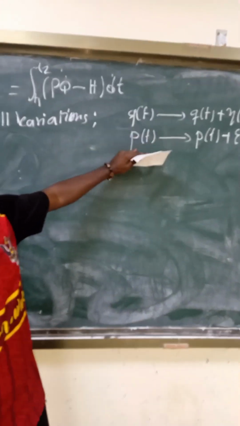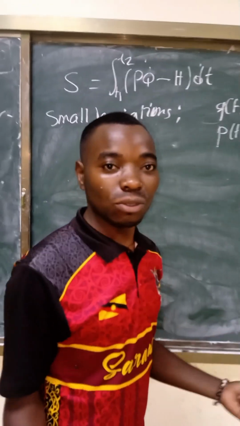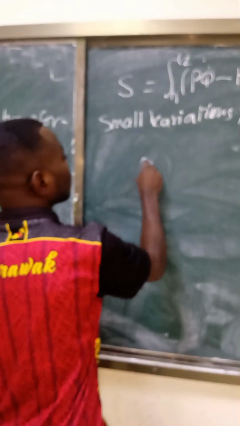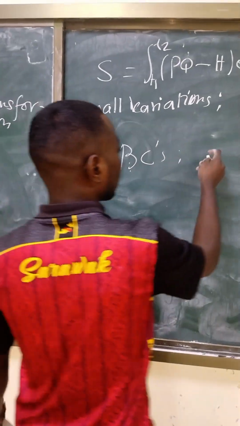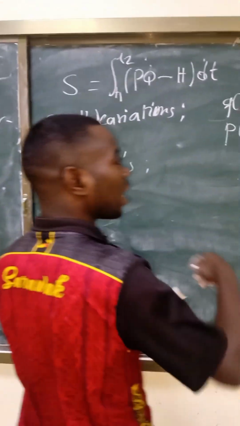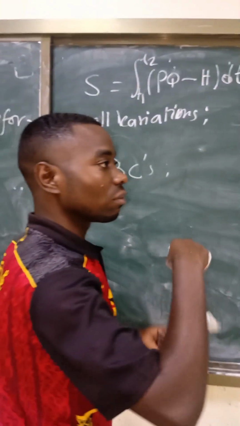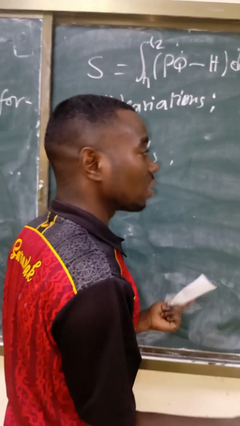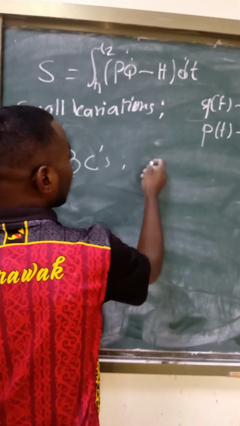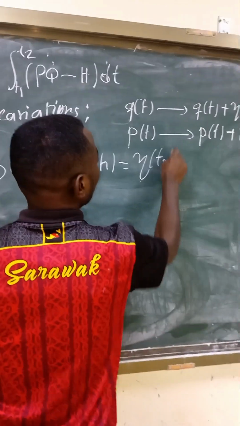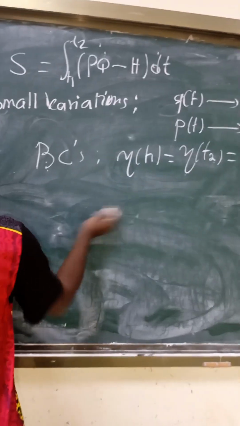Now, after getting small variations for both q and p, let's take a look at the boundary conditions. We know that at the starting point and end point, nothing is changed. That's why here we have the variation at t1 equal to the variation at t2, which is equal to 0.